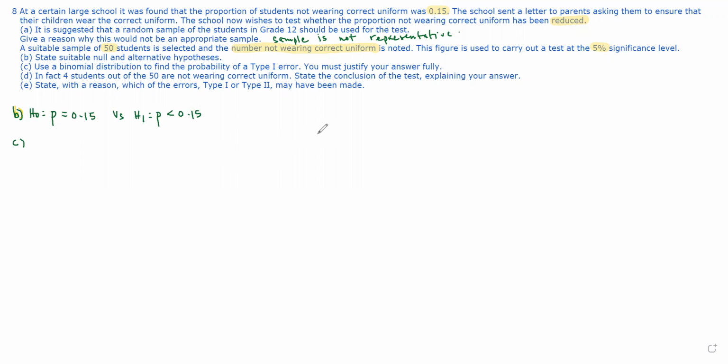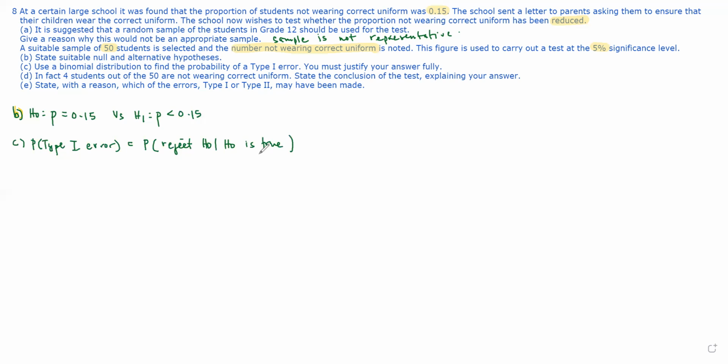Part C, use a binomial distribution to find the probability of a type 1 error. You must justify your answer fully. The probability of a type 1 error. Type 1 error occurs when we reject the null hypothesis, given that the null hypothesis is true.